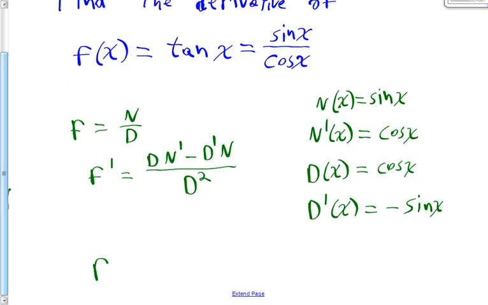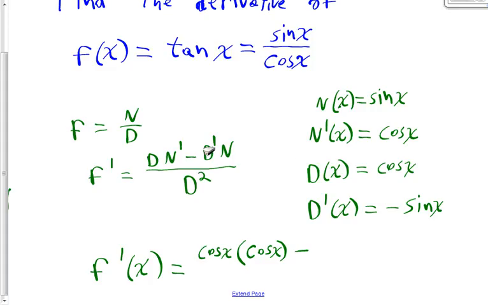So f prime of x then is the denominator. The denominator is cosine x. So d, which is cosine x, multiplied by the derivative of the numerator. Well, the derivative of the numerator is also cosine x. And then it's minus sign here.